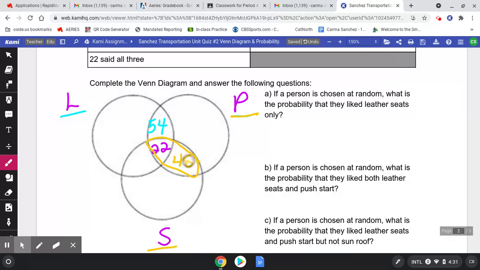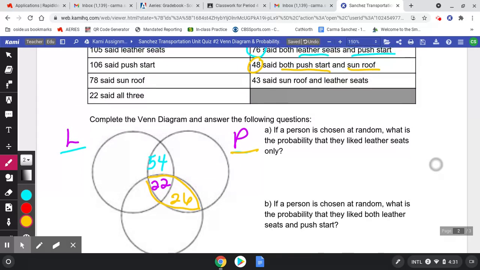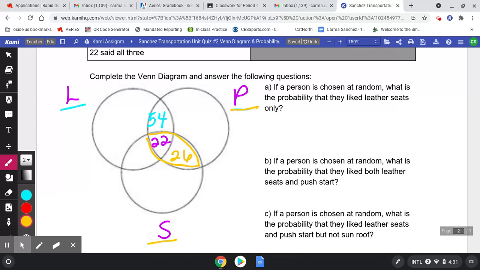The 48 does not just get written right here because the 48 already needs to count the 22 that's in the middle. So we have to go 48 minus 22, which leaves us 26 right here. So that the entire wedge of push start and sunroof equals the 48. So 22 plus 26 equals the 48 because we're already counting the 22 in the middle that like all three.